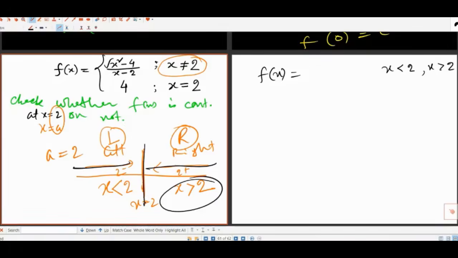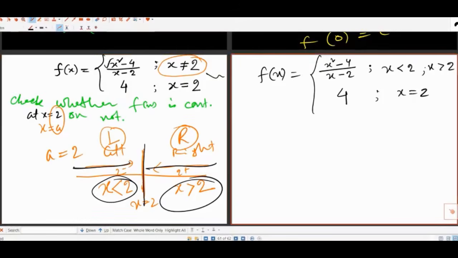So we have x squared minus 4 over x minus 2, which is defined for x less than 2 and x greater than 2, and the second part, x equals 2. We have just written it in a simpler notation. The previous function is now in a good notation.